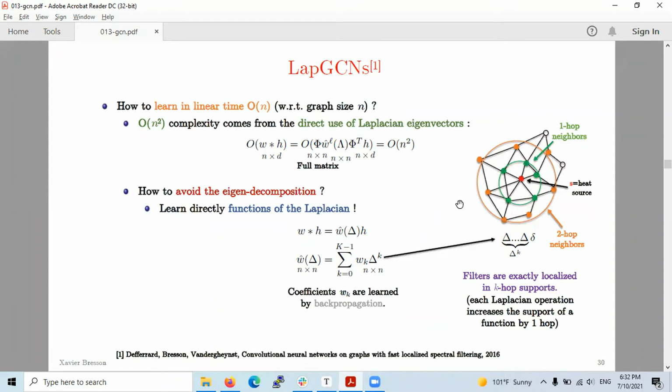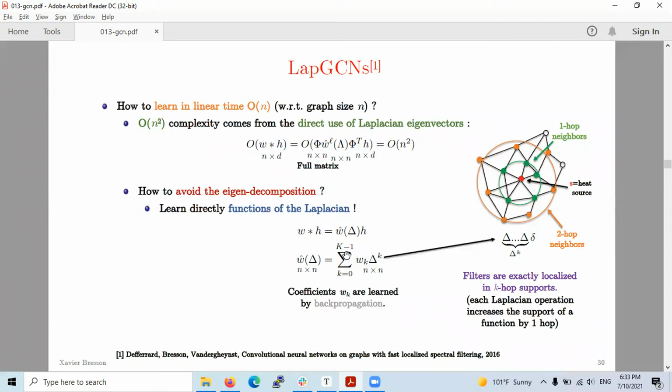So here the professor takes this Laplacian over here, and he tries to learn the Laplacian itself rather than fixing the Laplacian and doing the eigen decomposition.